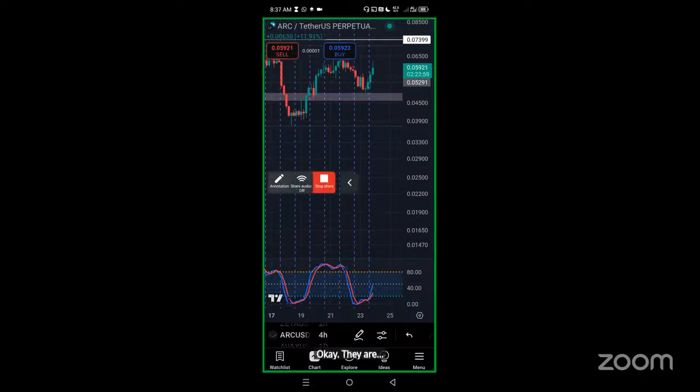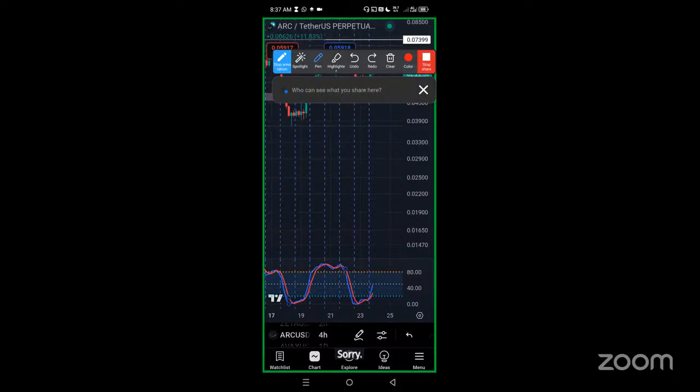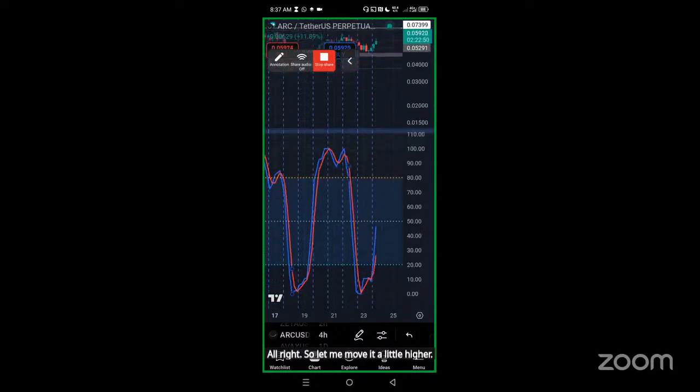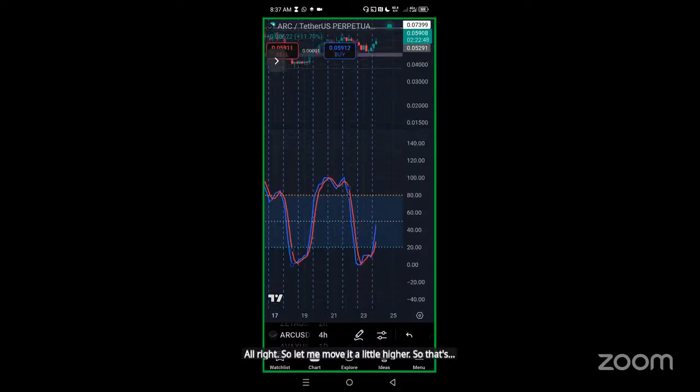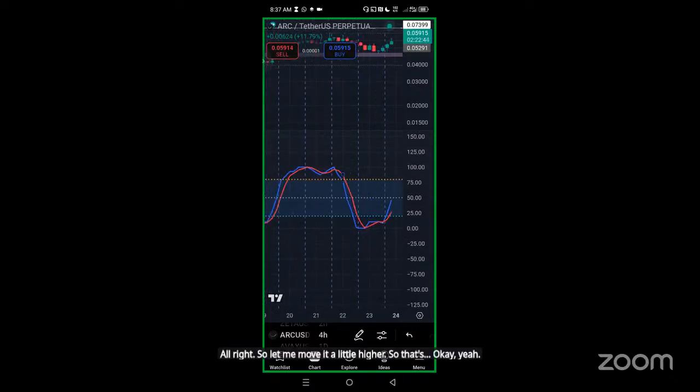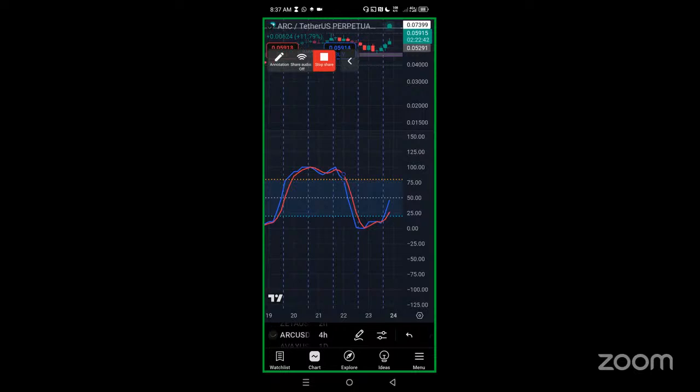Sorry. Okay, all right, so let me move it a little higher. Okay, yeah. All right, so this indicator has these moving averages.